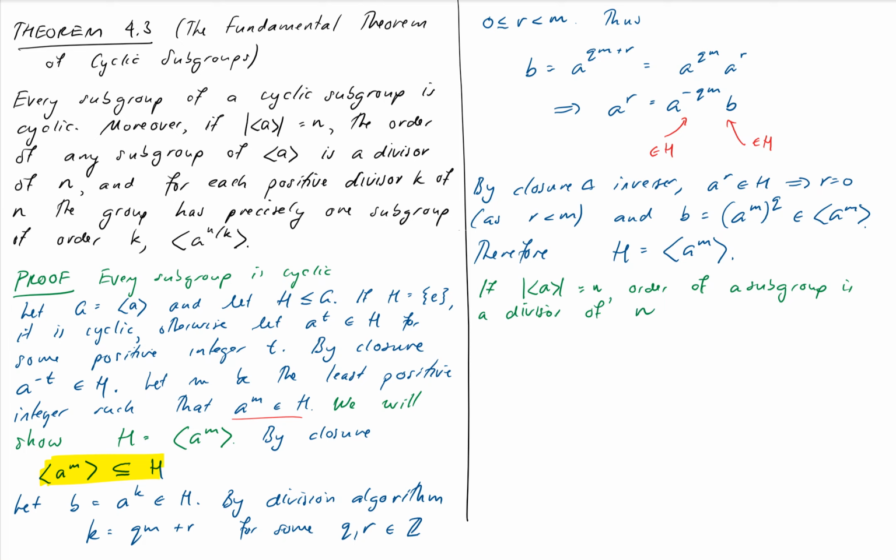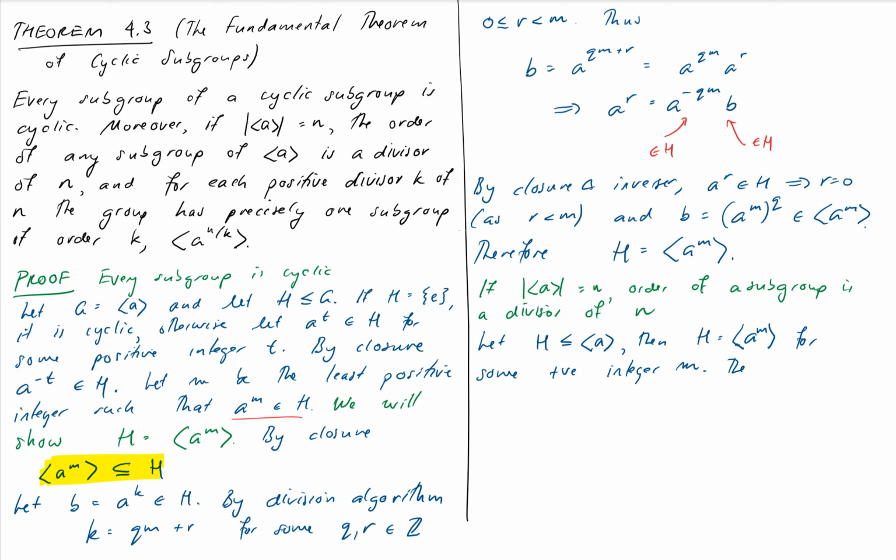Well, we'll choose ourselves a subgroup of our cyclic group. We know that all subgroups are cyclic also, which means that we can write H as the cyclic subgroup generated by A to the M for some positive integer M.